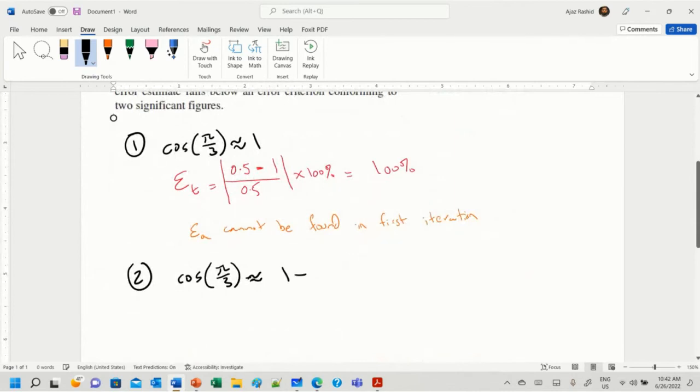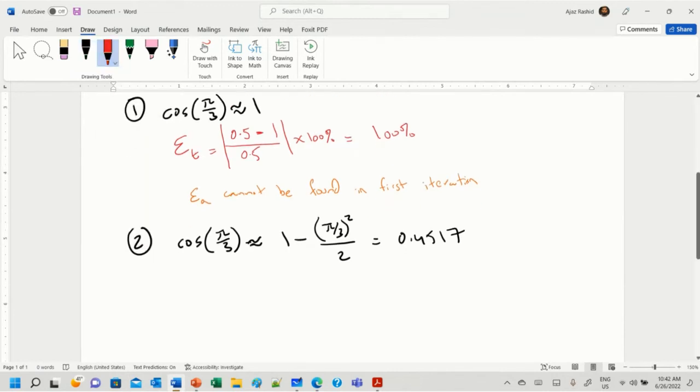So 1 minus x squared over 2 gives 0.4517, and we can find the true error as 0.5 minus 0.4517 over 0.5 multiplied by 100%.